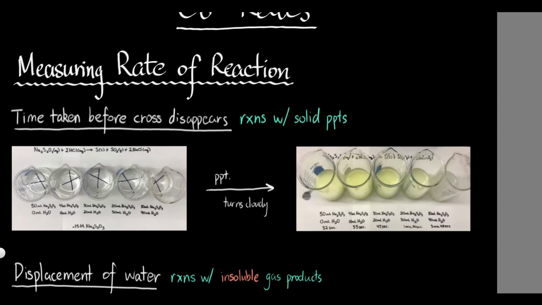What we could do is put a cross at the bottom of a glass beaker, so you can see through it, and then you add whatever you want to add in there, and you measure the time it takes before the cross is completely covered by the precipitate. So a very simple concept. Here I think they're using some hydrochloric acid and sodium sulfate.